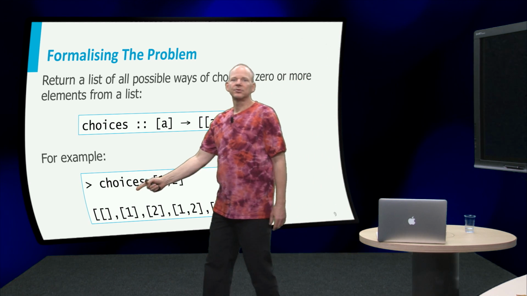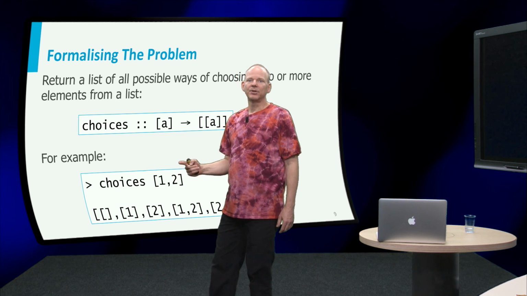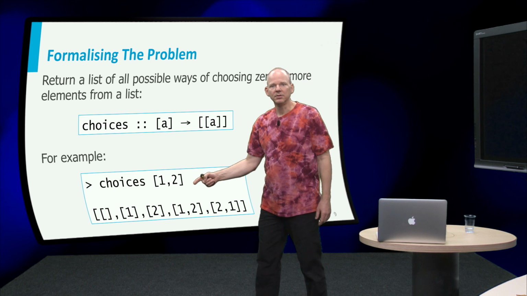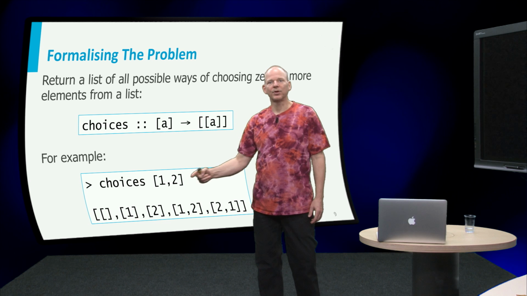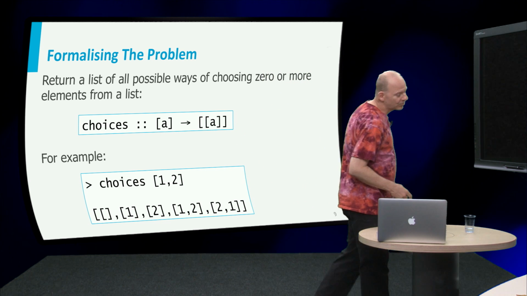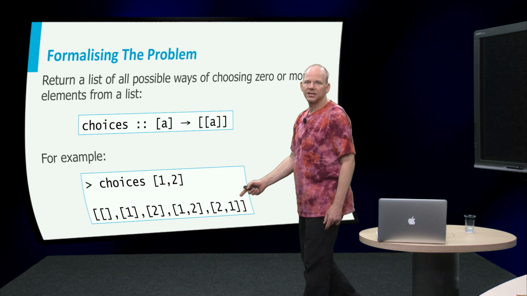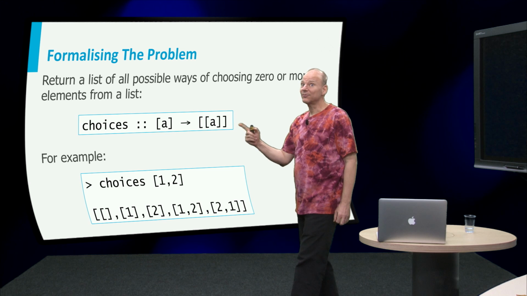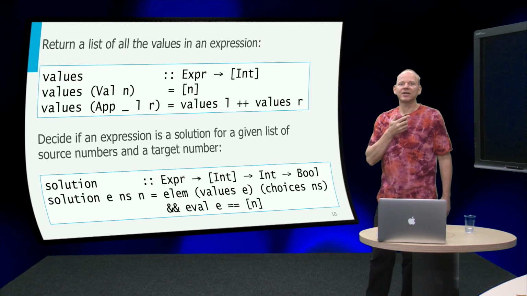I can choose 0 elements. I can choose 1 element, so that can be 1 or 2. And then I can choose 1, 2, or I can choose 2, 1, because those are two possible ways to choose two values from that list. Again, I will assume that this function exists. You will have to define that in the exercises.